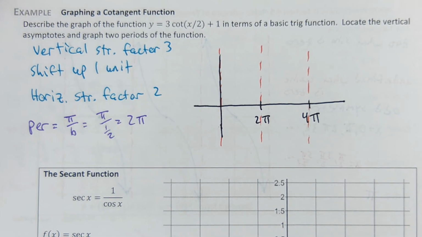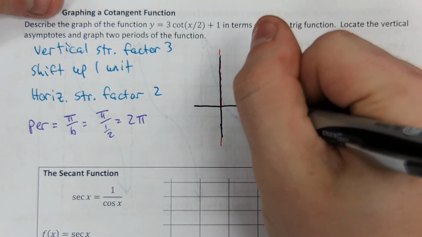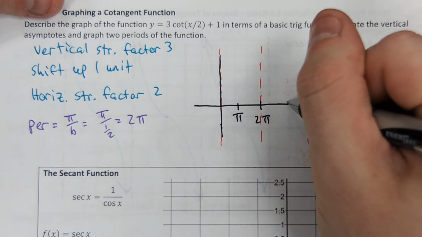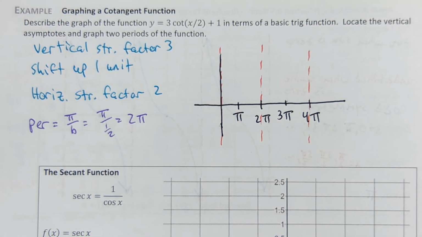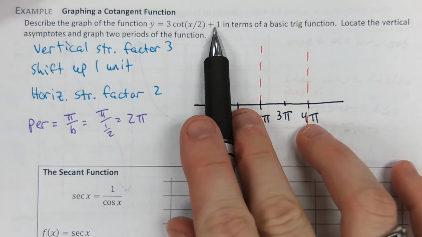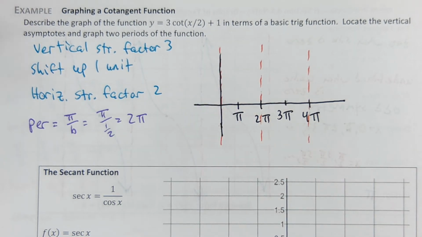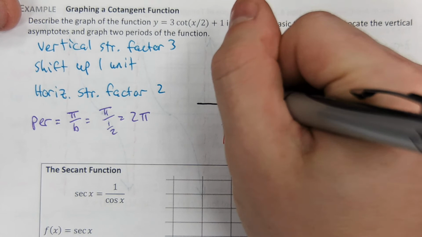Clearly between those is going to be where we find our zeros. But wait a minute, they're not actually zeros this time, because all of my zeros have been shifted up 1. So they're just the point that's in the middle of the graph. Instead of being on the x-axis at y equals 0, they're now all up at y equals 1.